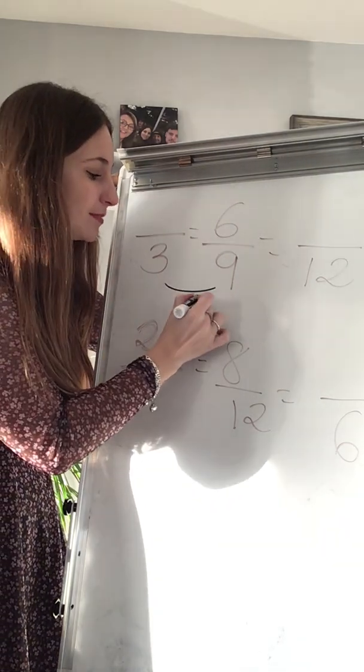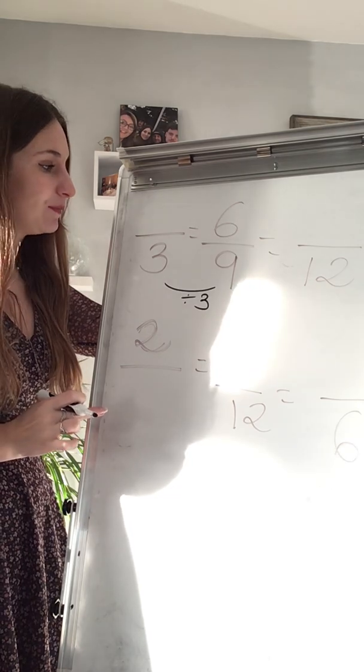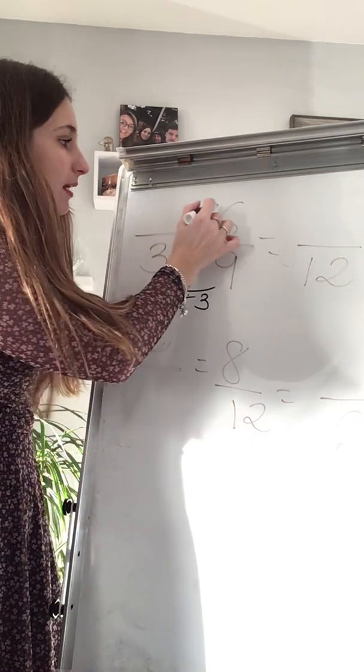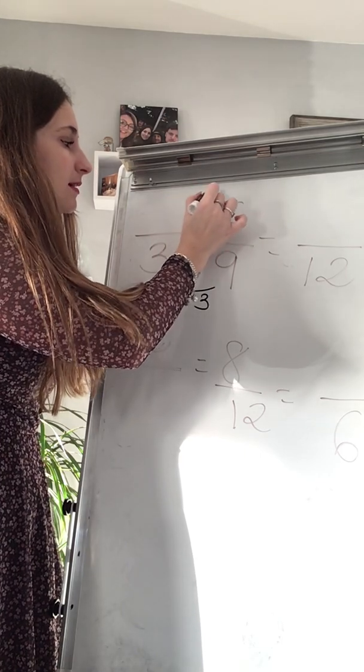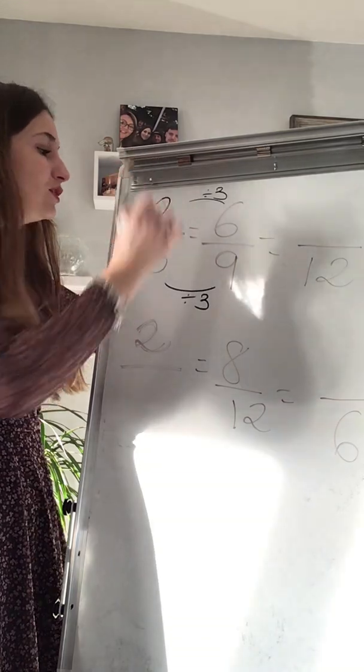I know 3 times 3 is 9. 9 divided by 3 is 3. Okay, so now I need to do the same for my 6. 6 divided by 3 is 2.